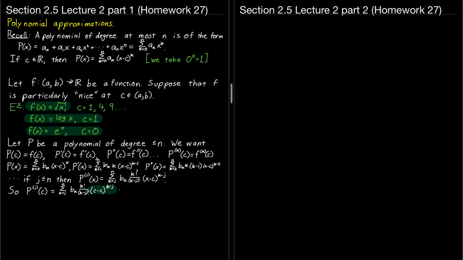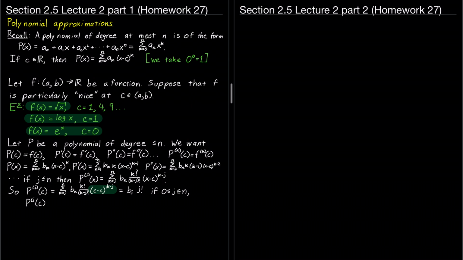So the only term that survives is the term where k equals j. So we get a b_j and then a j factorial.